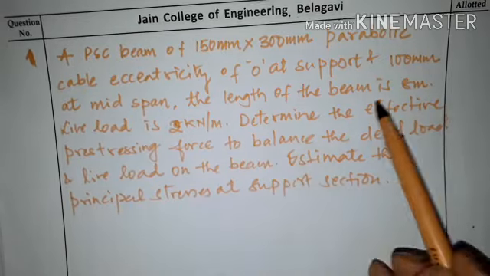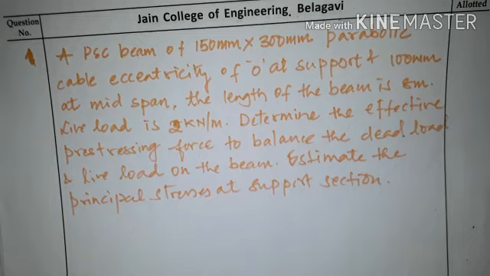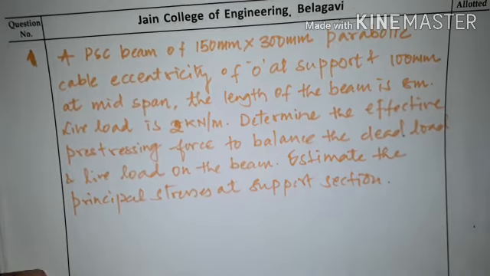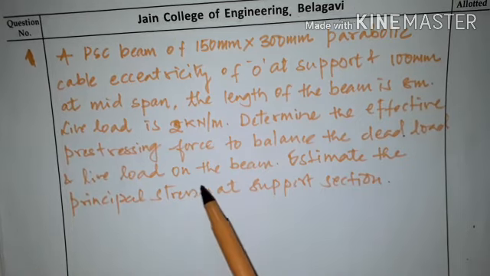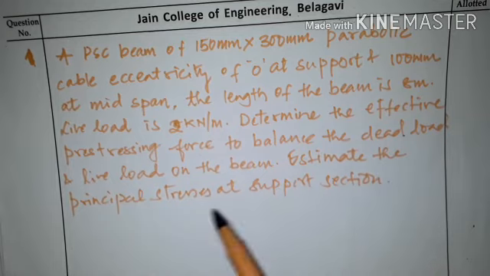The length of the beam is 8 meter and the live load is 2 kilonewton per meter. Determine the effective pre-stressing force to balance dead load and live load on the beam. Estimate the principal stresses at support section.